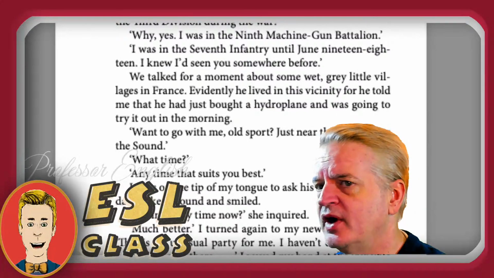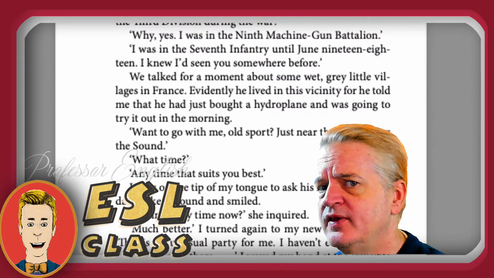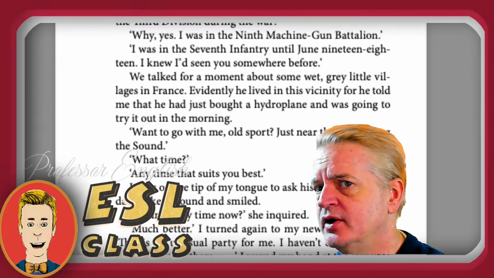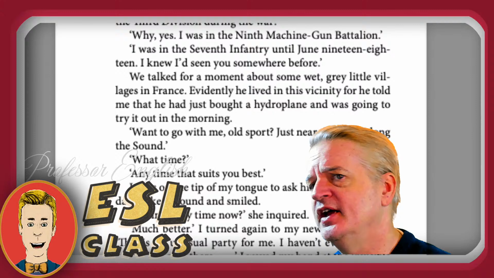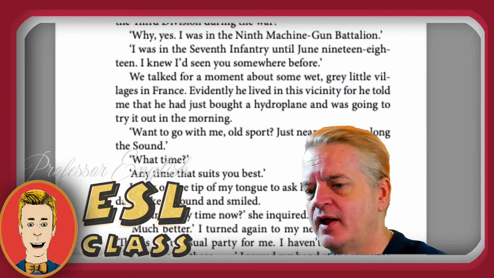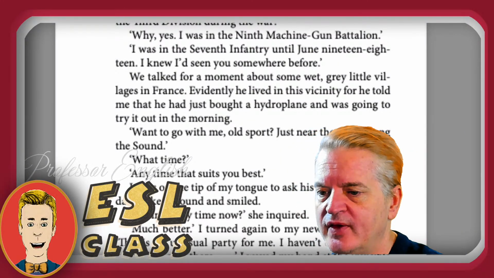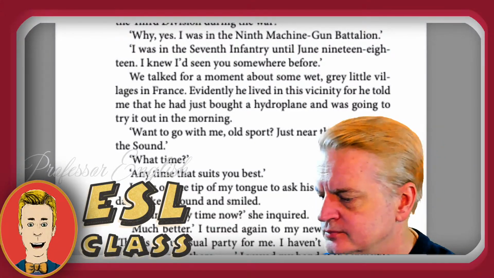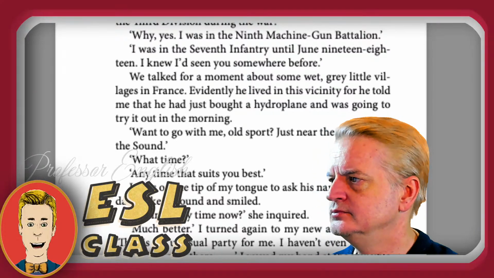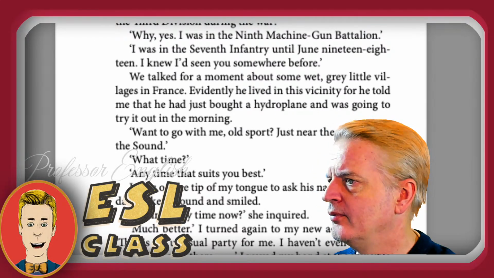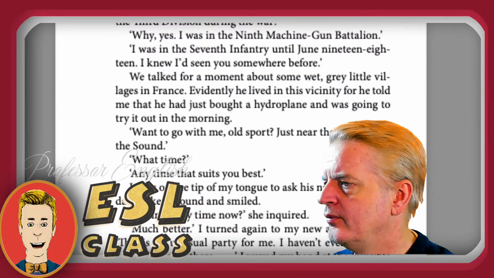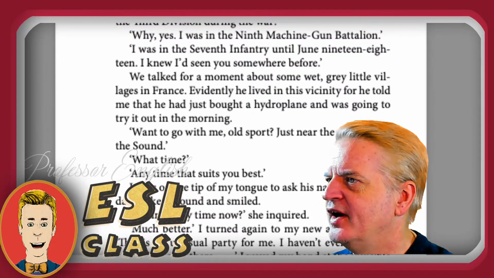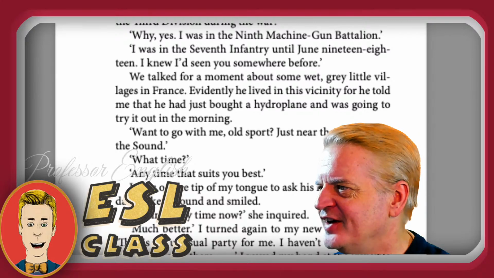Whenever you see the word hydro, that has something to do with water. So a hydroplane is a plane that can land or take off on the water. Let's take a look at a hydroplane. Wow, I guess I'm old, because when I think of a hydroplane, these look very fancy to me.